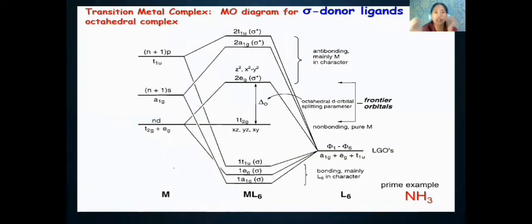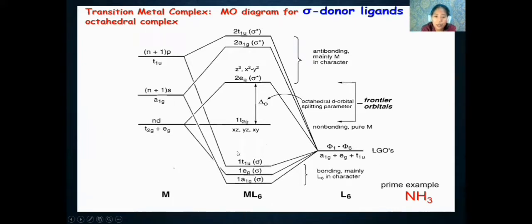So we have here a molecular orbital diagram for sigma donor ligands in an octahedral complex. Same as the previous diagram, this is more complete, but they are the same.